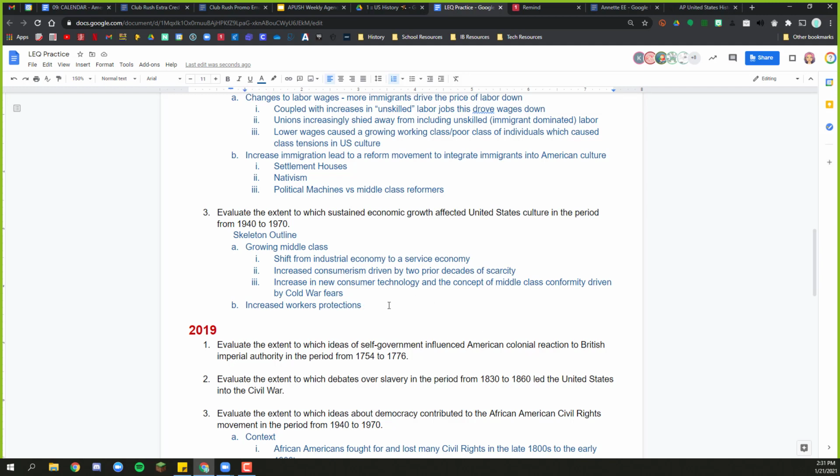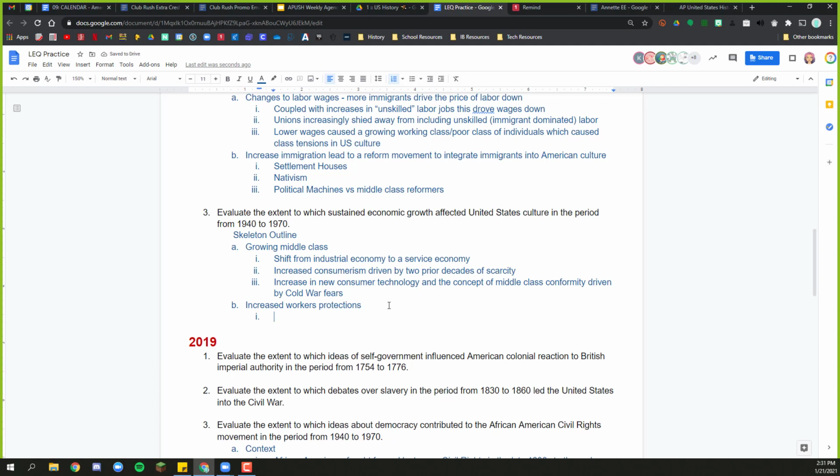The other thing I want to talk about is increasing worker protections. Unions become legally protected during this time period. I can't remember the name of the law that does this. There is one in the 1930s, but it gets strengthened again in the 1950s, and I would have to look it up. But again, you don't have to know the key term.